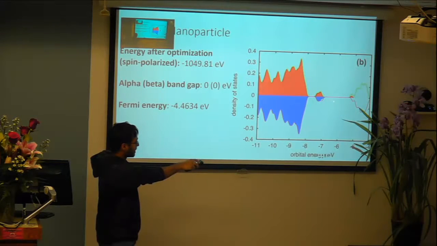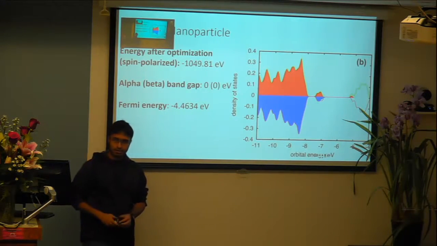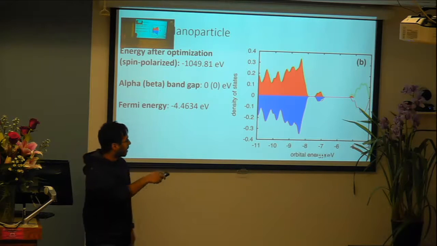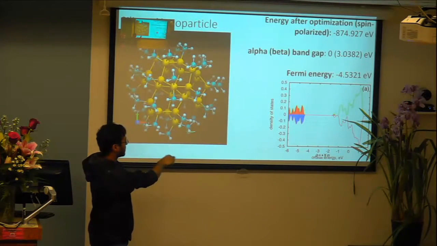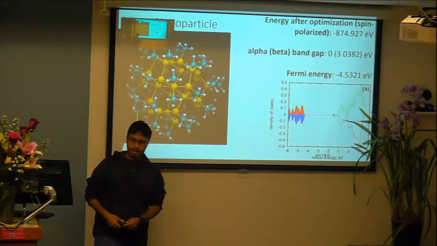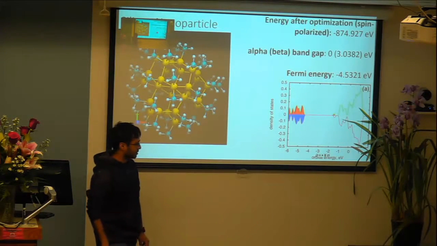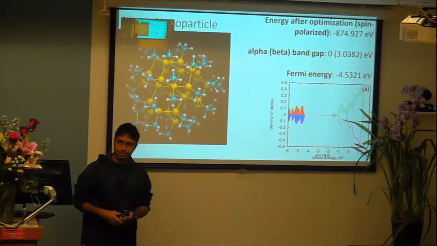And similarly, in the beta orbitals, there's a partially occupied state right here around negative 7.5 electron volts. And then finally, for the silicon nanoparticle by itself, again, there's a partially occupied state in the alpha orbital. And then very close to it, you see that there's a completely unoccupied state. So those would cause the absorption spectra to have peaks at low energy.